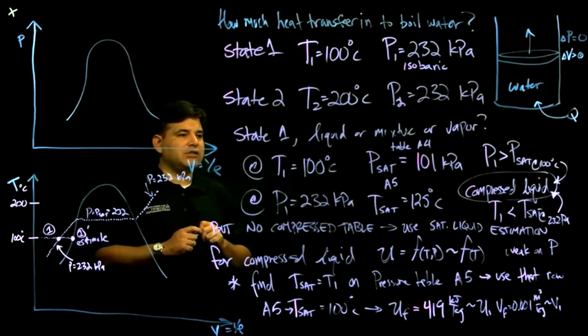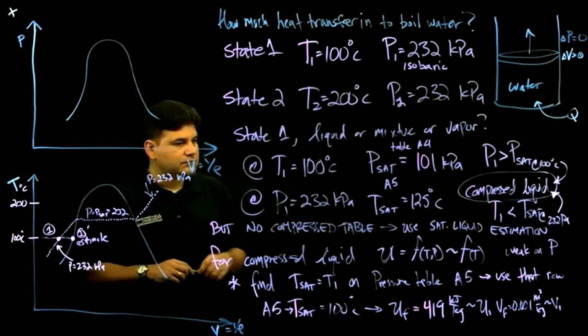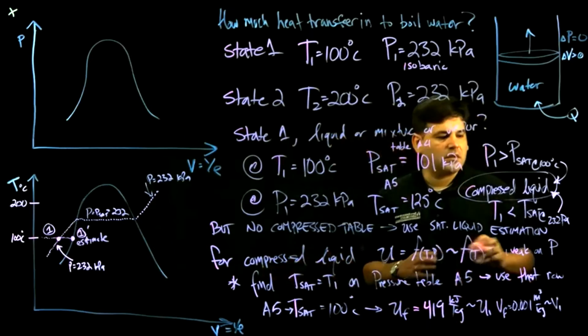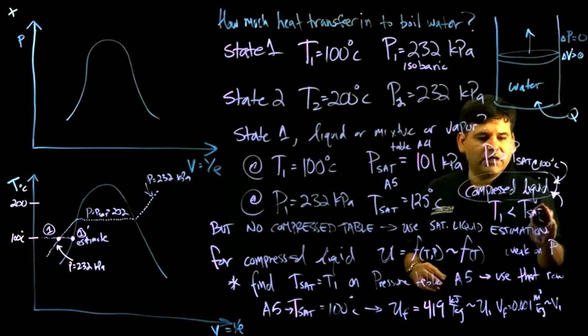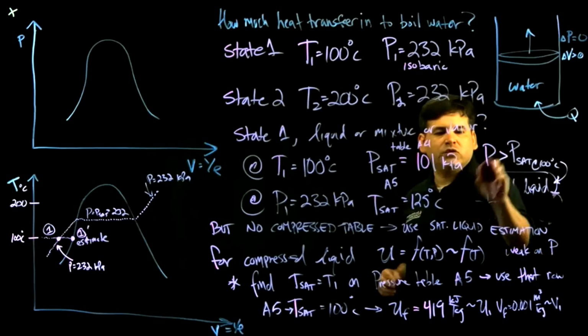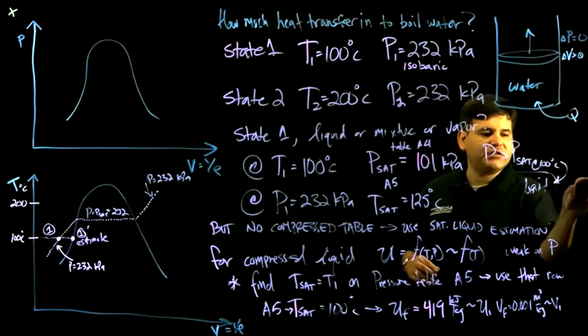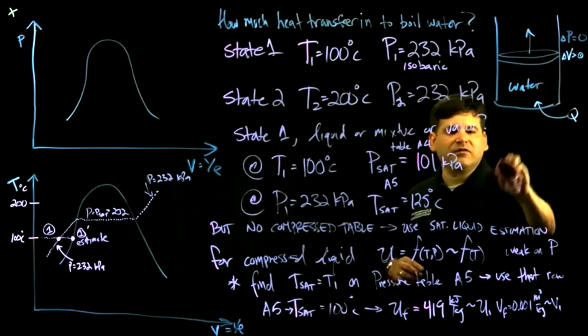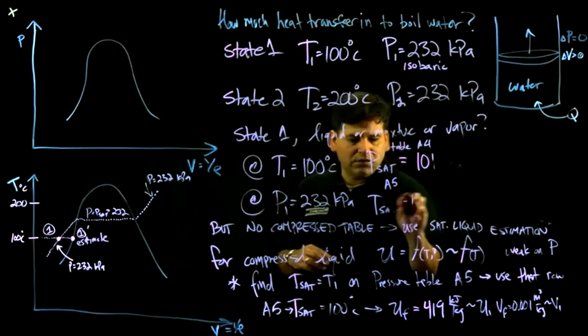Okay, what about state 2? So for state 2, we are given that we are 200 Celsius at the same pressure. So let's do the same comparison that I'm erasing now, but for state 2, and go from there.